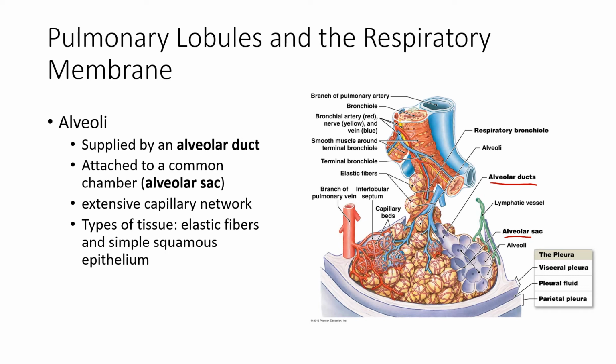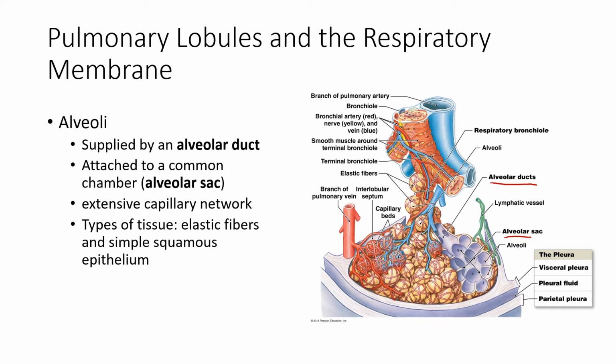And surrounding these alveolar sacs are going to be an extensive network of capillaries. And remember, capillaries are going to be those smallest blood vessels that you can get. So what's happening in these capillary surrounded alveolar sacs is going to be gas exchange.